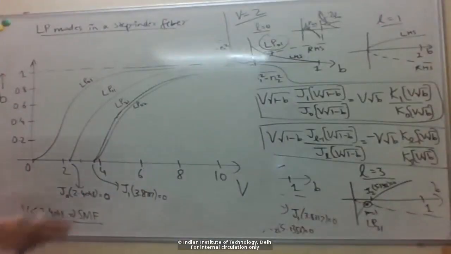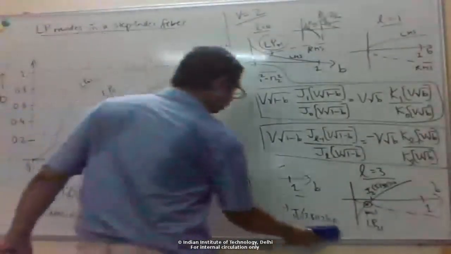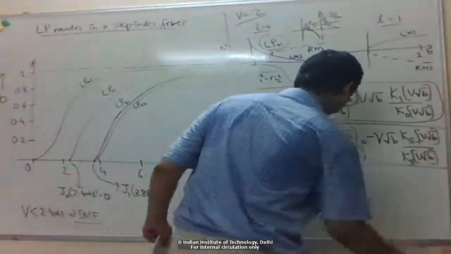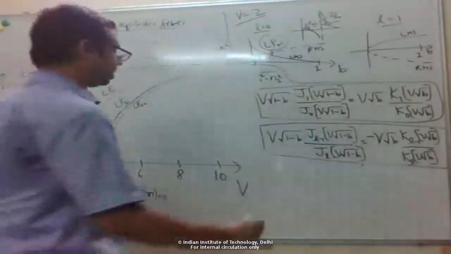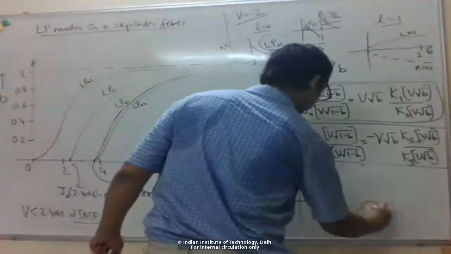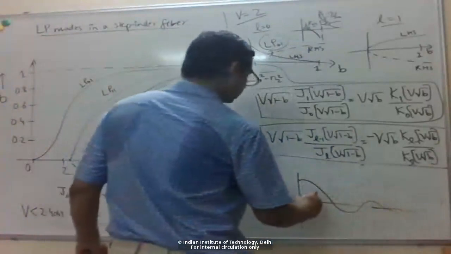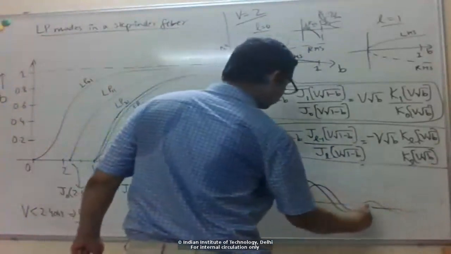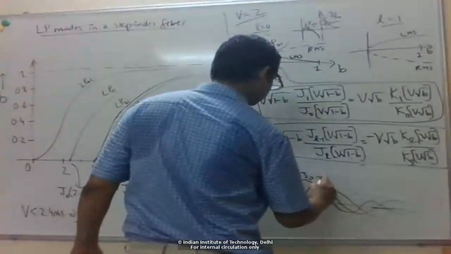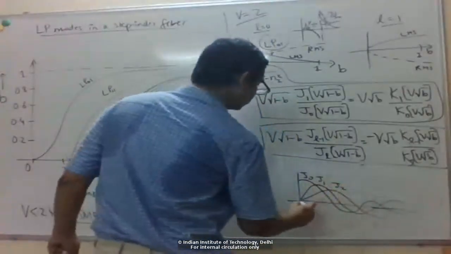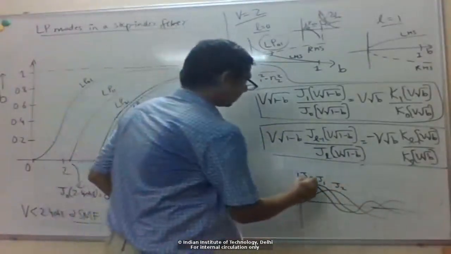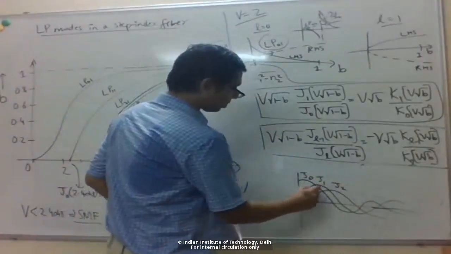So again, recall how the Bessel functions look. J0 is the only one which is non-zero at 0. That's J0, and then J1 looks like that, J2 looks like that. For all L greater than 0, they actually start from 0.